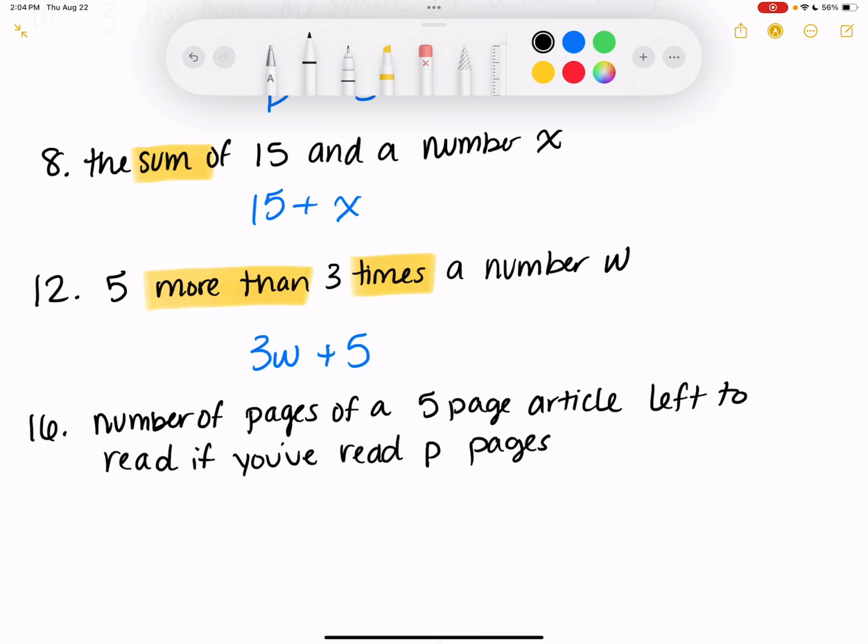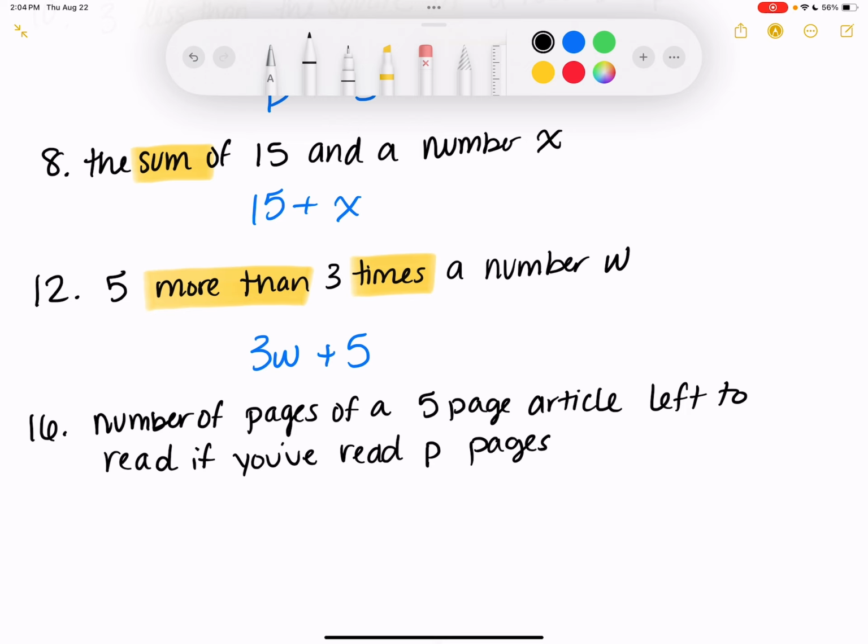Okay, so this is just, it's the same thing. There's a lot of extra words here, okay, but it's basically saying the same thing as the ones that we've been doing. So you have an article that's 5 pages long, and it wants to know how many you have left to read if you've read P pages, where P is the number of pages you've read, is what that means. So how would I write this one?